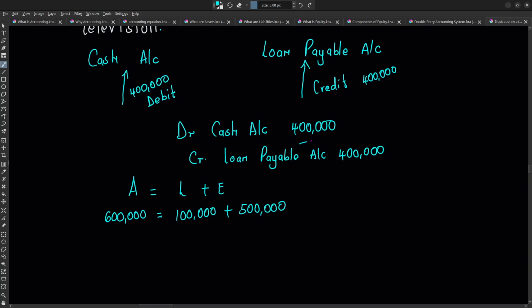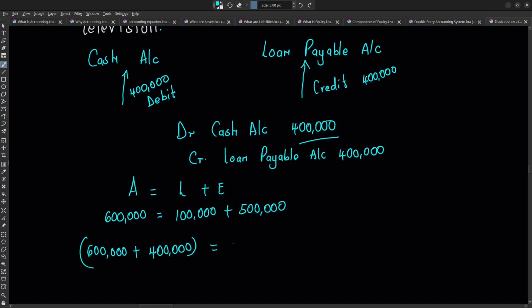And we can see there is an increase in the cash account, which is an asset account, so we need to recognize that increase. So we need to add that 400,000 onto our assets.